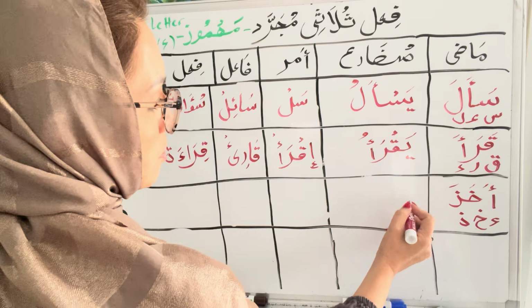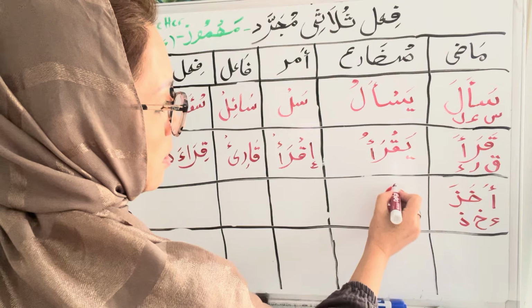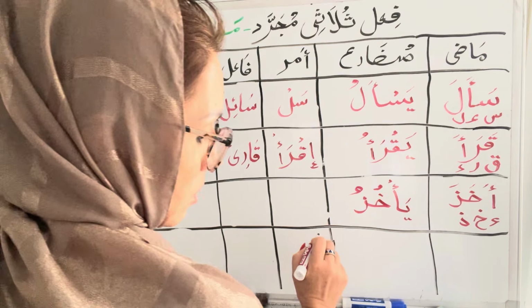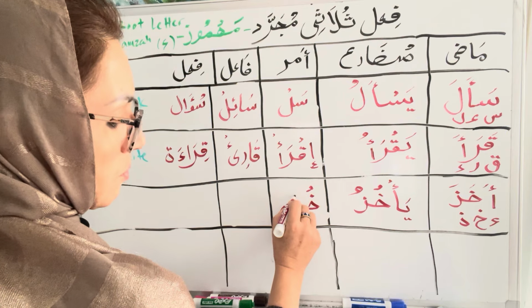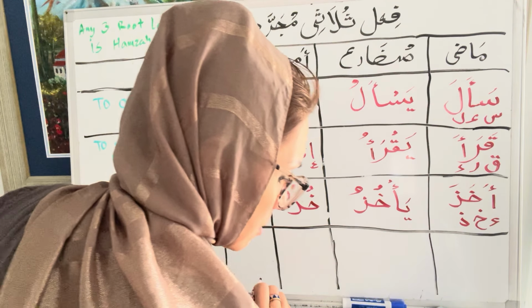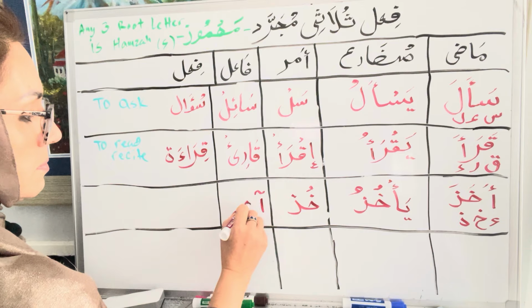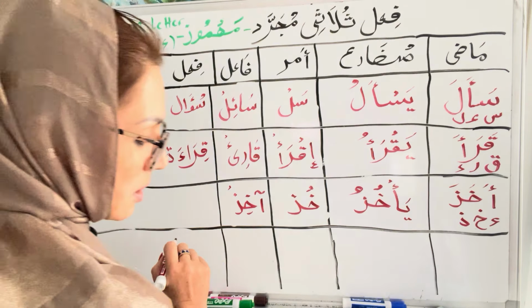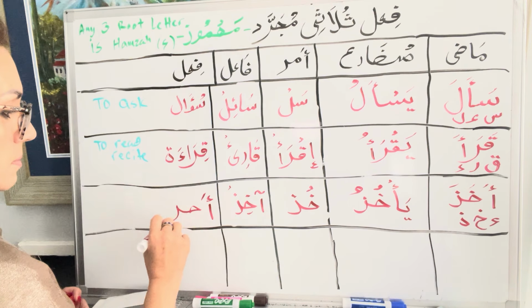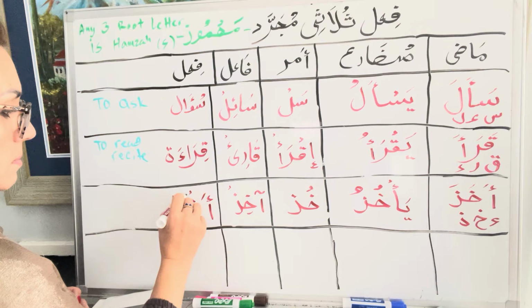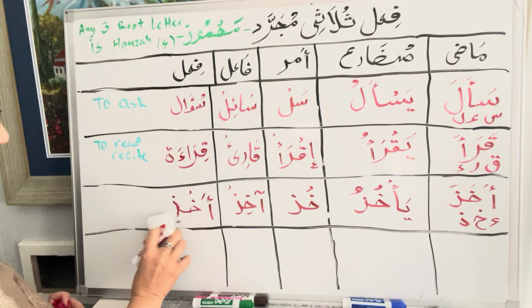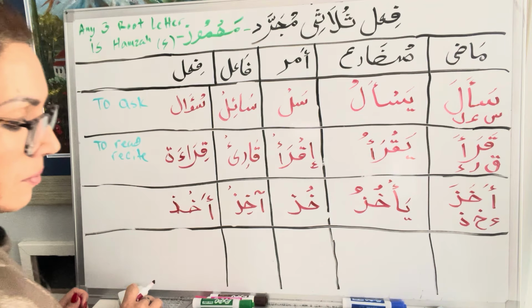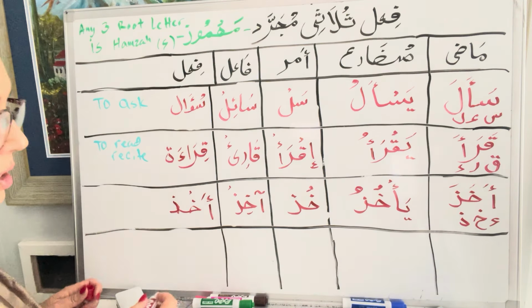Akhadha, ya'khudhu, khudh, and then akhidh, and then akhdh. I need to write this a little bit smaller because of the zal.